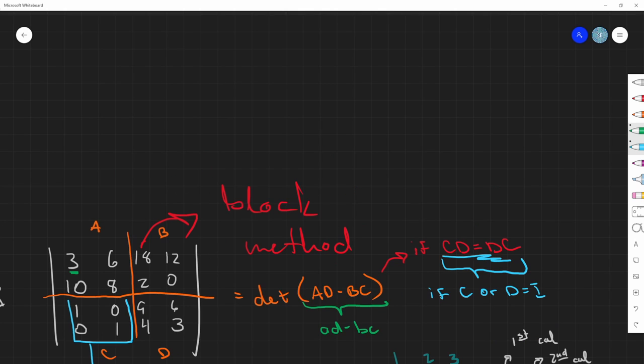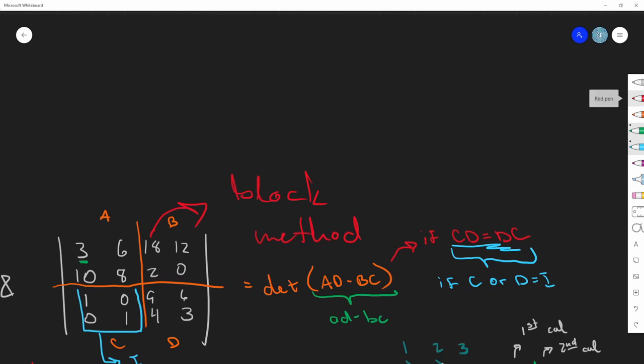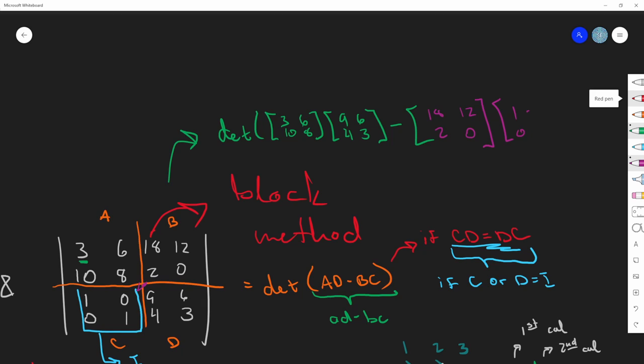And so what you're going to end up getting will be the determinant of 3, 6, 10, 8 multiplied by 9, 4, 6, 3, and then you subtract the other two terms, these two, and so that will be 18, 12, 0 multiplied by 1, 0, 0, 1.